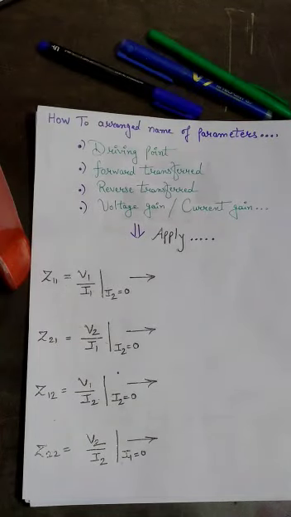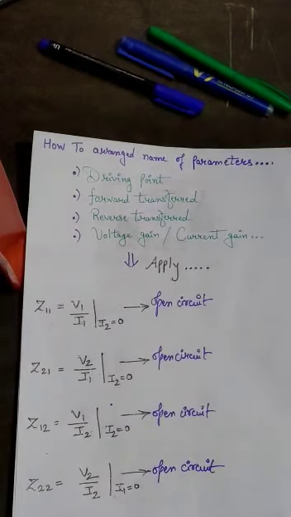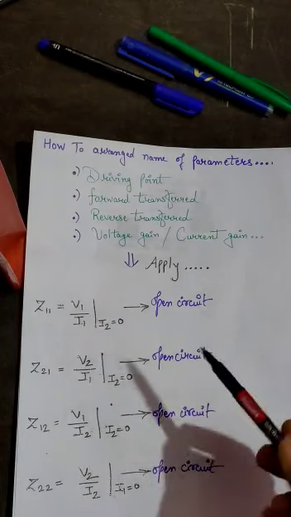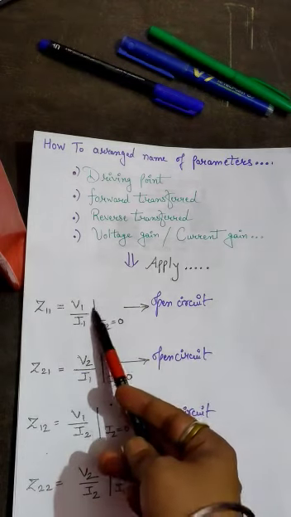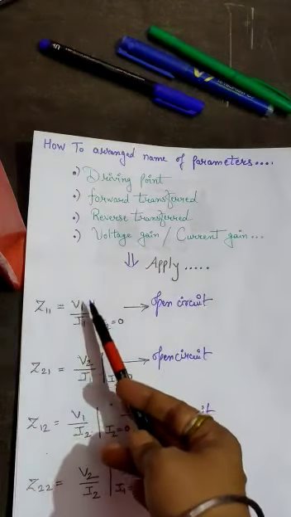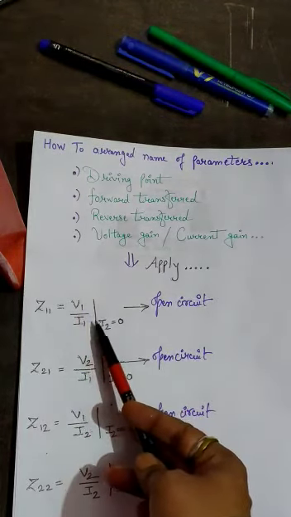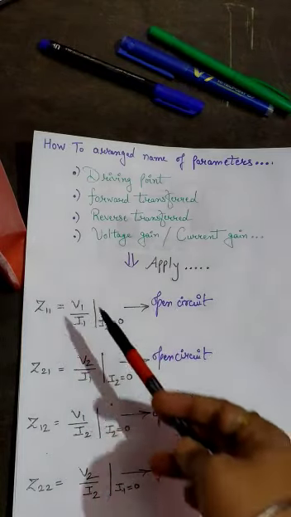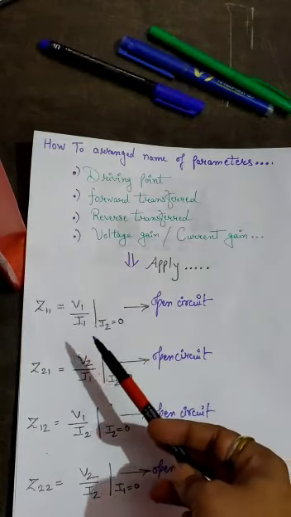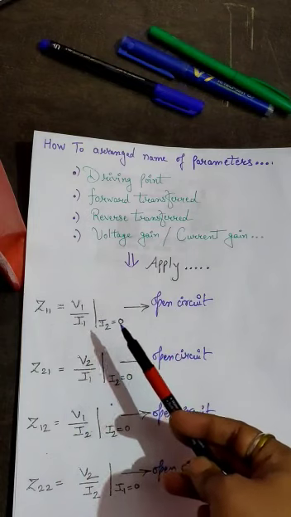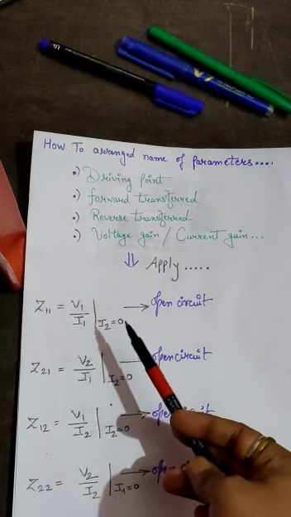Here we use the impedance matrix, that's why it is all open circuit. Here Z11 equals V1 upon I1, where the denominator and numerator both have 1. That's why it is the driving point.